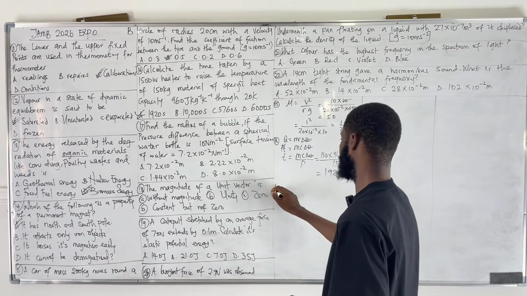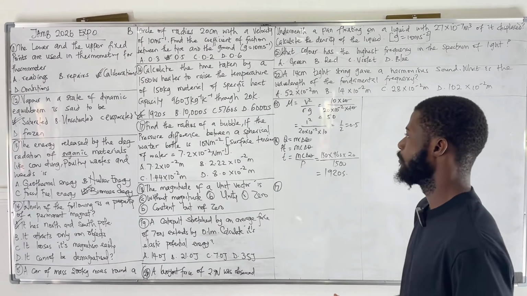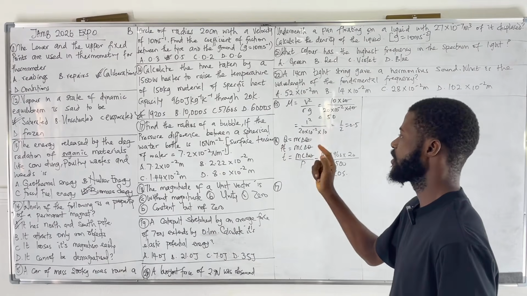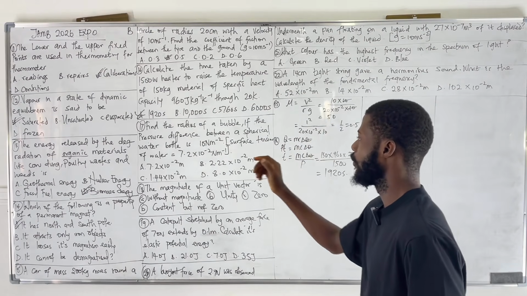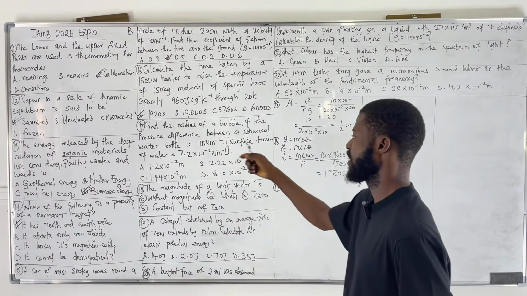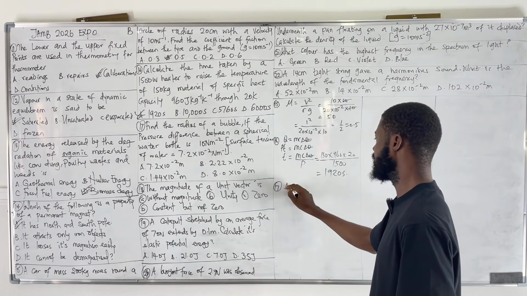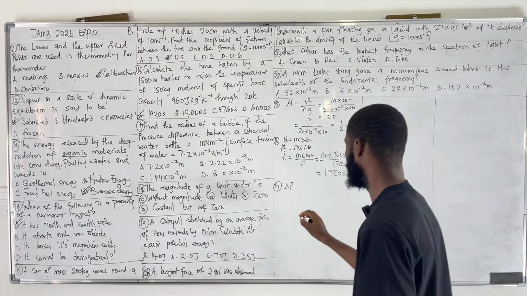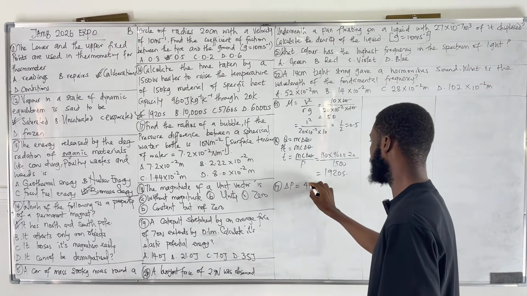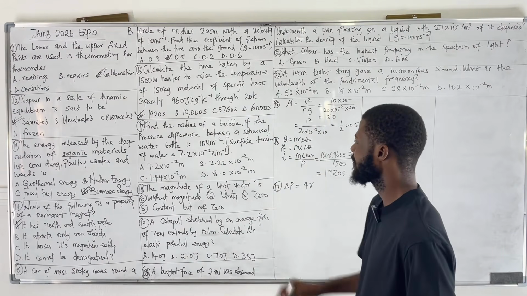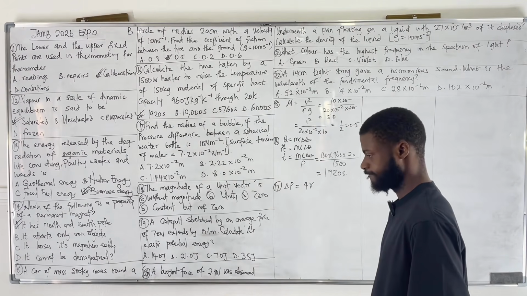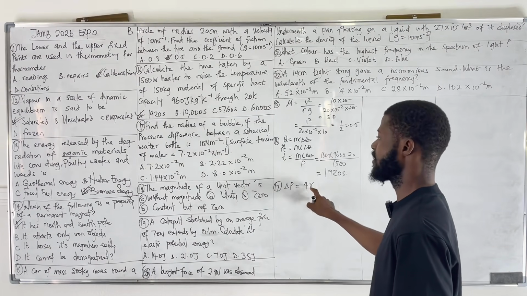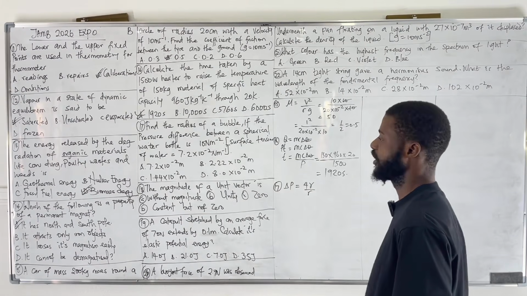Number 17. Find the radius of a bubble if the pressure difference between a spherical water bottle is this, then surface tension is this. First of all, the pressure difference or change in pressure is 4 times the surface tension over radius.